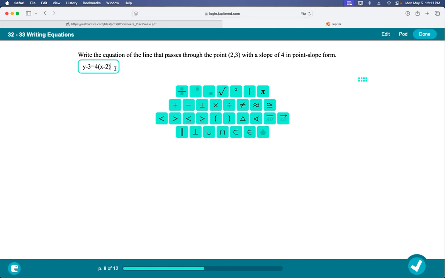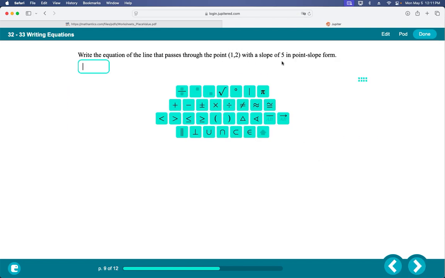When we get some practice, you won't even have to make notes. You'll just be able to put all of that in. Notice we put the 4 for the slope, we put the y value of 3 with y, and the x value of 2 with the x. That's all you're doing, and that's correct.